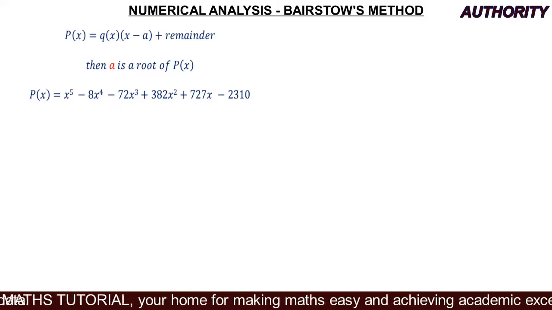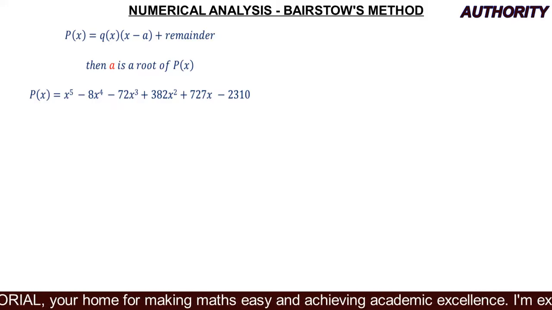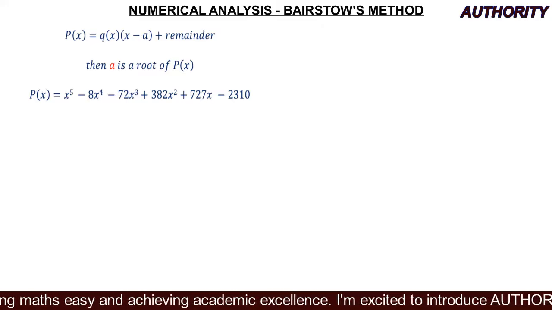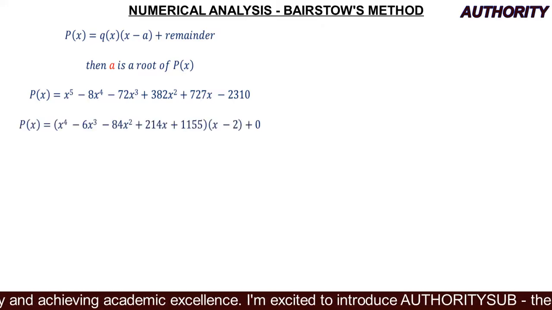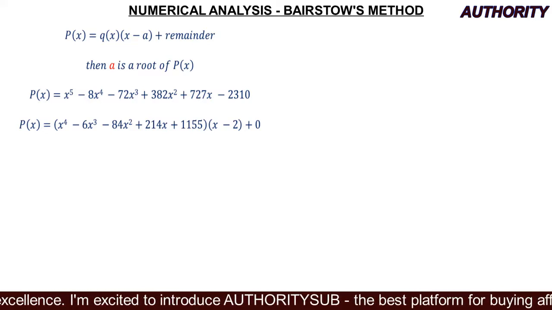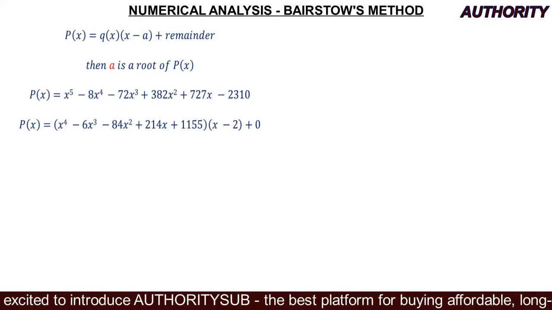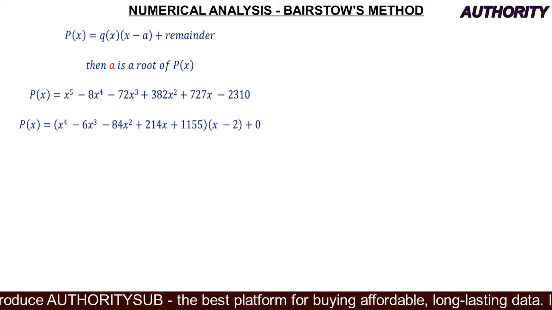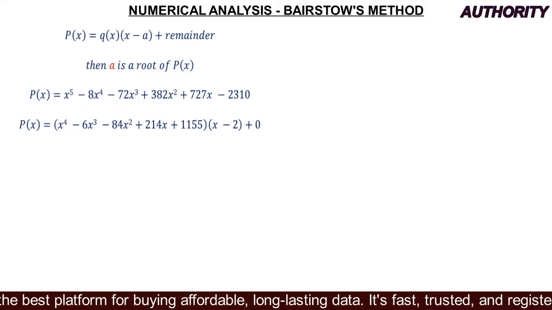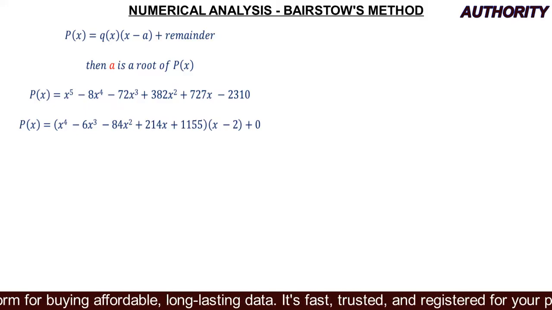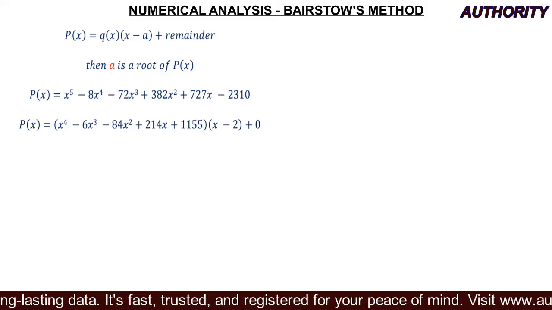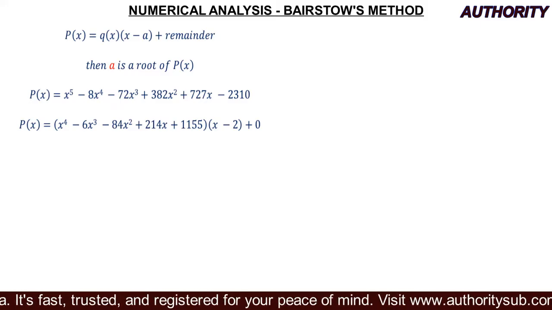Now we are saying that this same polynomial is the same as this one here. p of x is equal to, it has been reduced by a power of 1, so we have x raised to the power of 4 minus 6x cubed minus 84x squared plus 214x plus 1155 in bracket (x minus 2), plus 0.